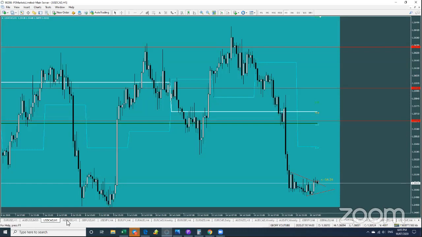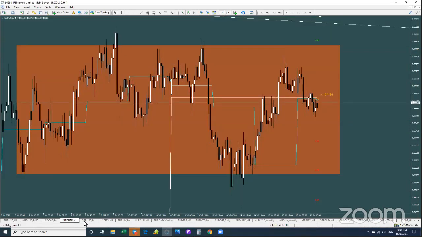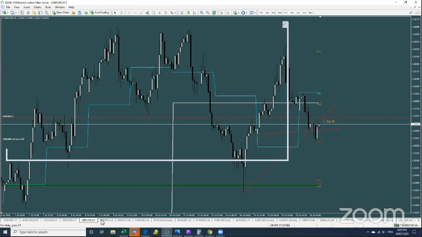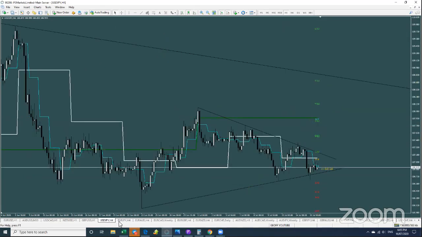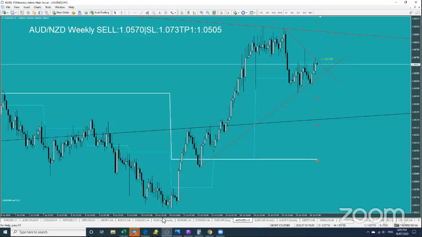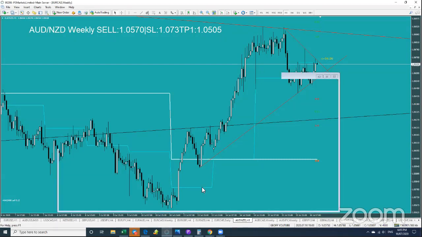I don't think we need to go too much farther, guys, to be honest. We've got enough to consider at the moment. We don't need to do anything else, I don't believe. We've spoken about the trades we've already got in the markets. Aussie Kiwi on the weekly. EuroCAD. Did we speak about EuroCAD? We're going to go there, weren't we?